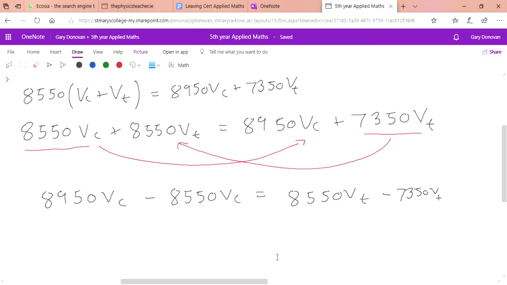Keep going then, and we're left with 400 VC equals 1200 VT. Divide across by 400, VC equals 3 VT.